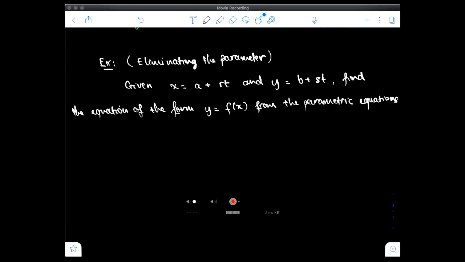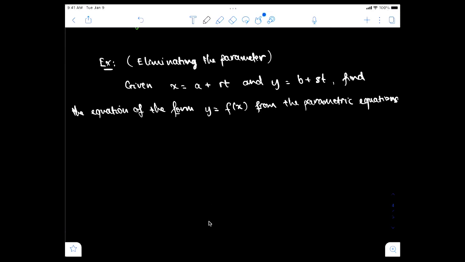So you have to identify the parameter from the parametric equations. In this case, the equations x equals a plus r t and y equals b plus s t have a common item, which is t. After identifying the common parameter, you eliminate it, or solve for t, and then substitute whatever you have for t into the other equation.